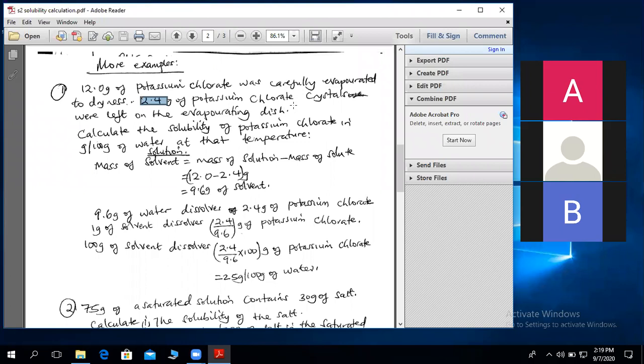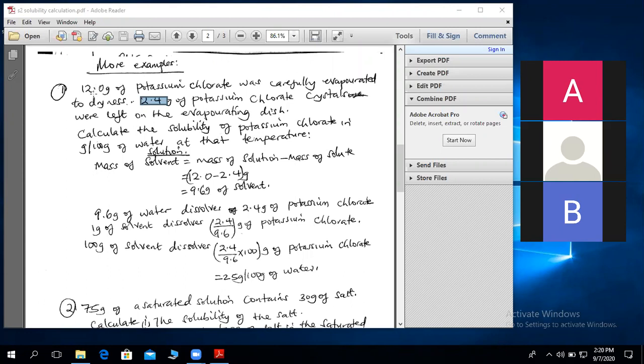That is after removing the water, or after evaporating off the water. So the question is, calculate the solubility of potassium chlorate in grams per 100 grams of water at this temperature.